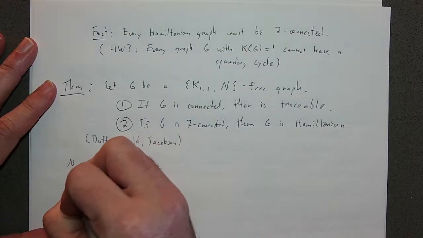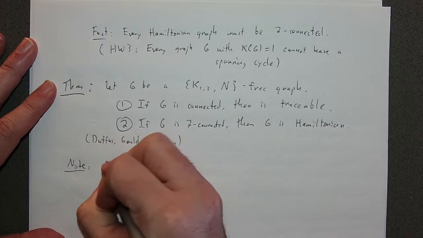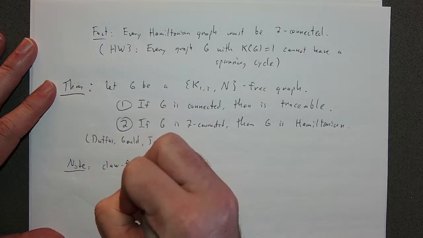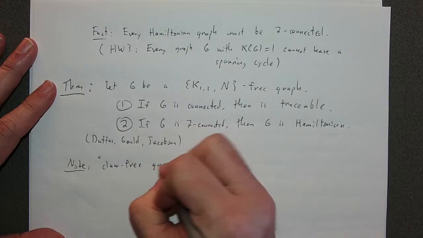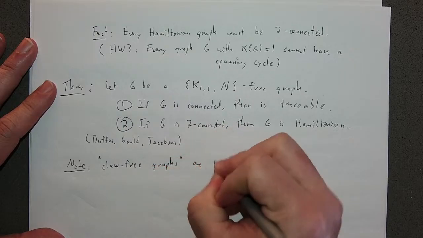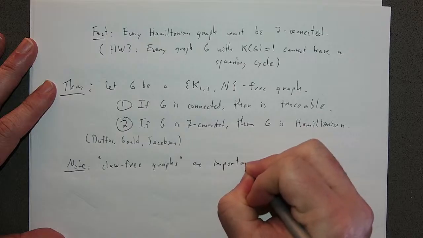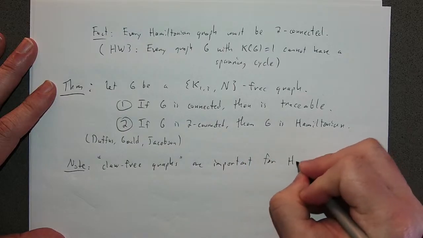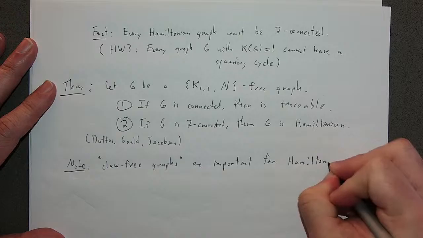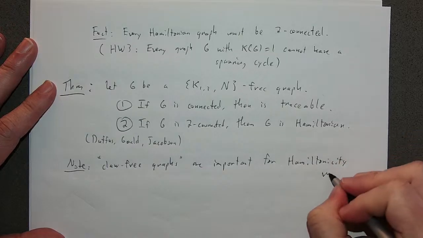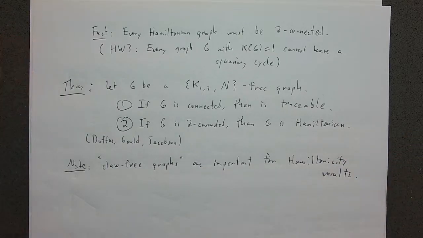So note, claw-free graphs are important for many Hamiltonicity results. Lots and lots of different things. I can't possibly summarize all of the stuff, so I think, following the textbook here, I'll give a nice smattering of some open problems to illustrate what it is that's going on.